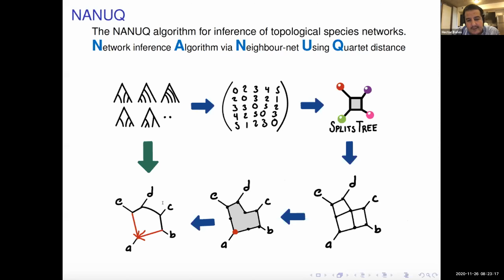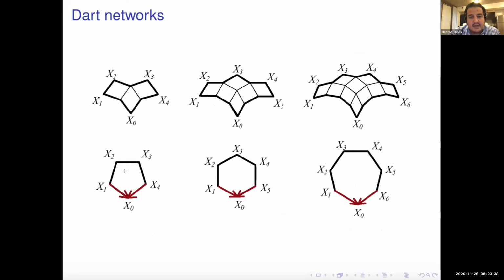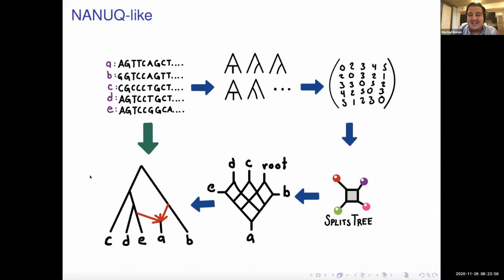So, dark networks: I just wanted to add a little bit more of a picture of how they look. These are actually generated using SplitsTree, and you can see there's a really clear relation between the splits graphs that are called dark networks and the cycles that they represent. Now, why am I bringing this up? It's because we can use an algorithm really similar to Nanook to implement this identifiability result.